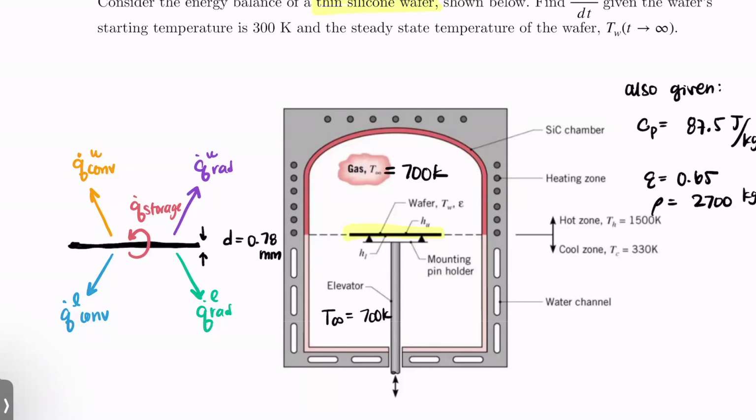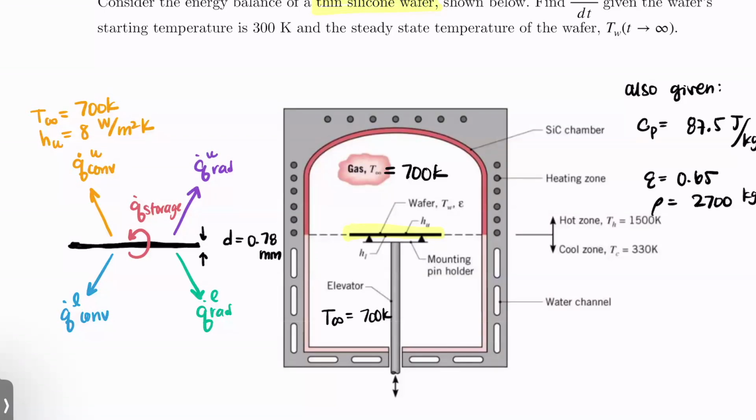So for the upper convection, we need a T infinity and we need an H. So we have 700 K here, and then our H upper was given to us as, I didn't write it down yet, okay, it's 8 watts per meter squared Kelvin.